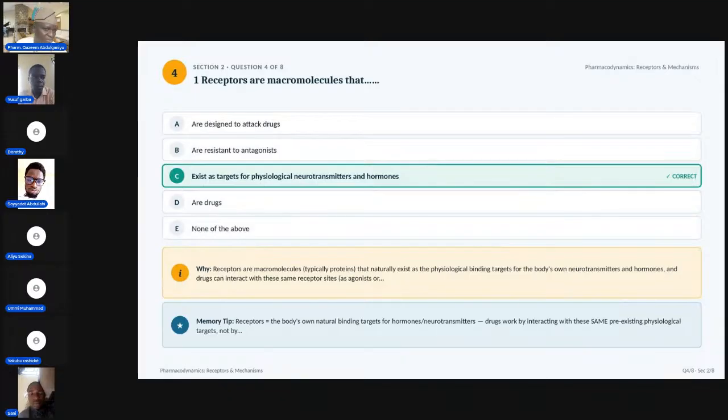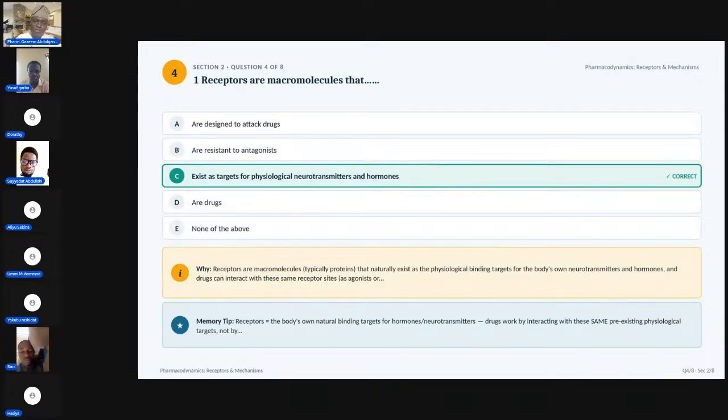No. The drugs are supposed to bind to it. Are resistant to antagonists? No. The receptors are macromolecules that are drugs? No, they are not drugs. So this is the answer: they exist as targets for physiological neurotransmitters and hormones. So they are supposed to be like a target where physiological neurotransmitters will bind and hormones will bind, and give us a response at the end of the day. That's what they are meant to be.